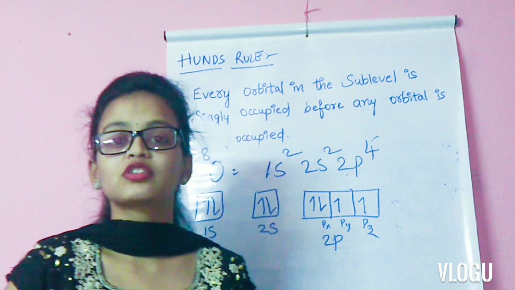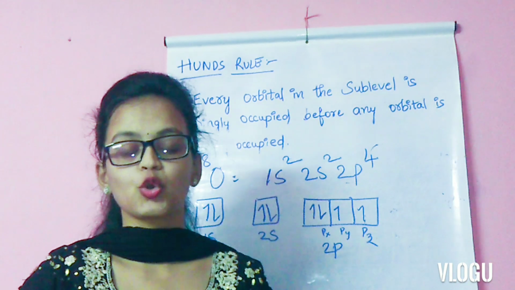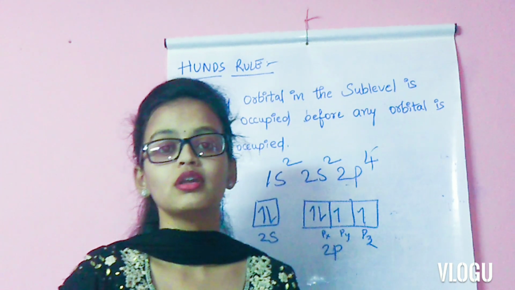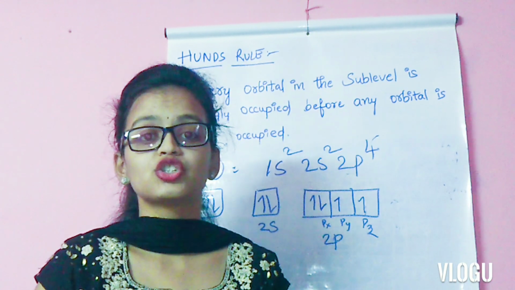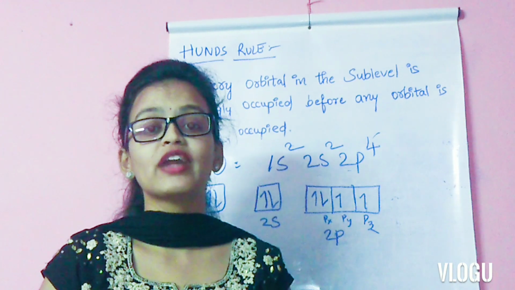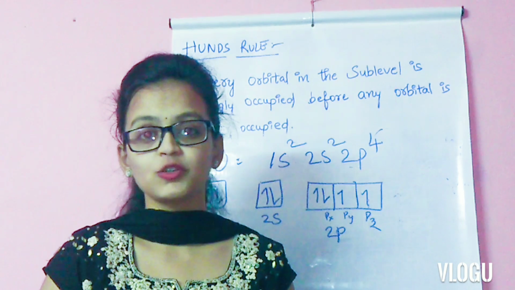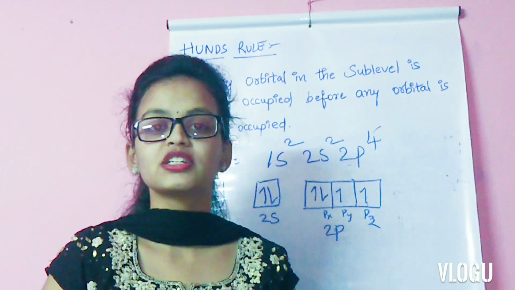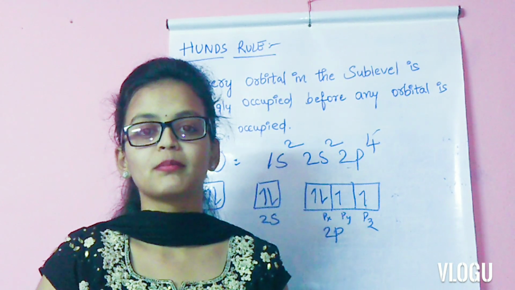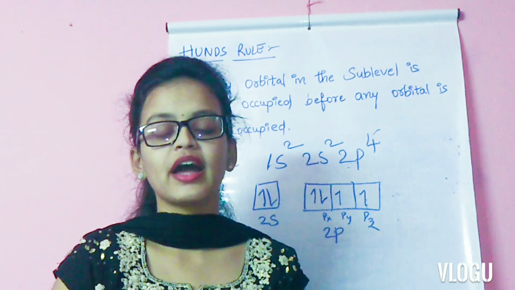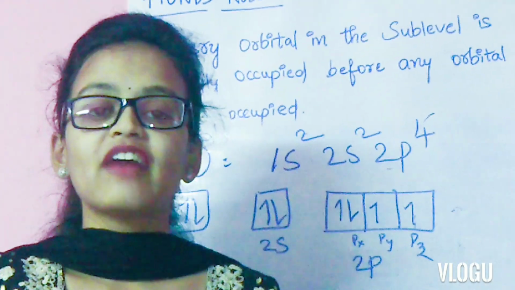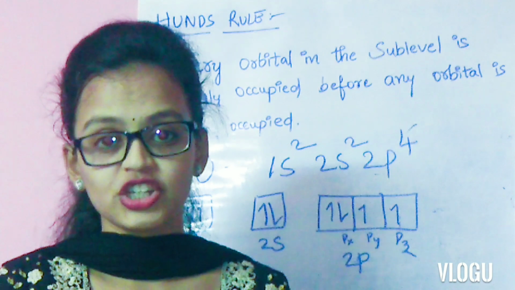Pauli's exclusion principle also plays a major role in writing the electronic configuration. Before entering into the discussion of Pauli's exclusion principle, we have to have a clear idea about 4 different quantum numbers. They are the principal quantum number, azimuthal quantum number, magnetic quantum number and spin quantum number. We discussed the principal and azimuthal quantum numbers earlier in the energy levels.